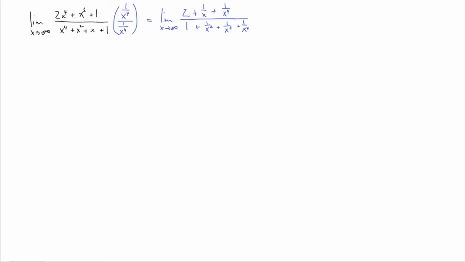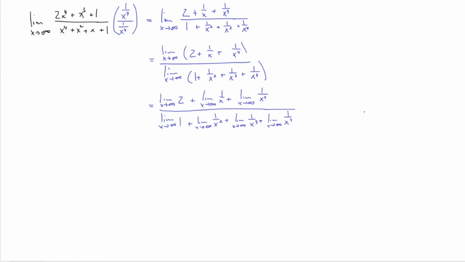Okay, we haven't finished the problem yet, but we have come very close to finishing the problem because now we can apply the limit laws. The limit laws say that this is the limit of the numerator divided by the limit of the denominator, like so.